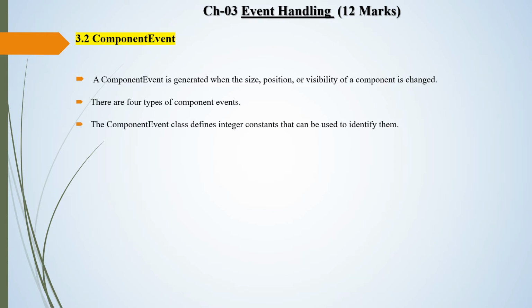The component event class defines integer constants that can be used to identify the event. Every class has constants, and the constants are used to identify the event. In the component event class there are four types of constant.